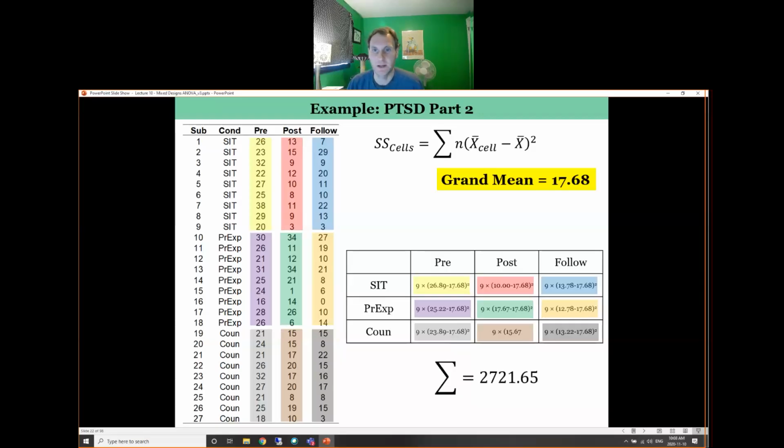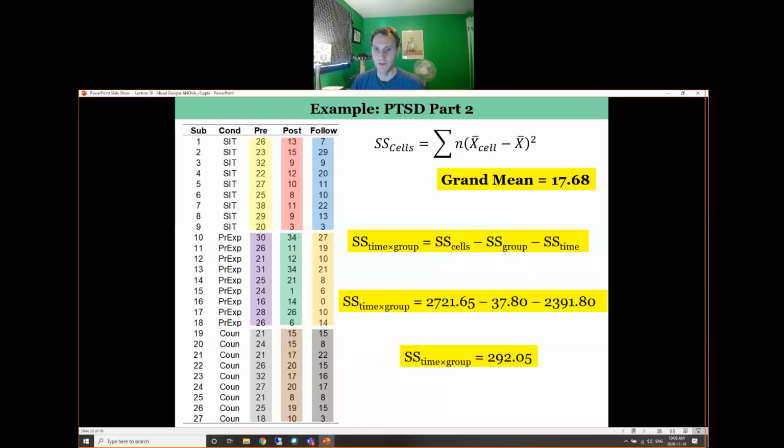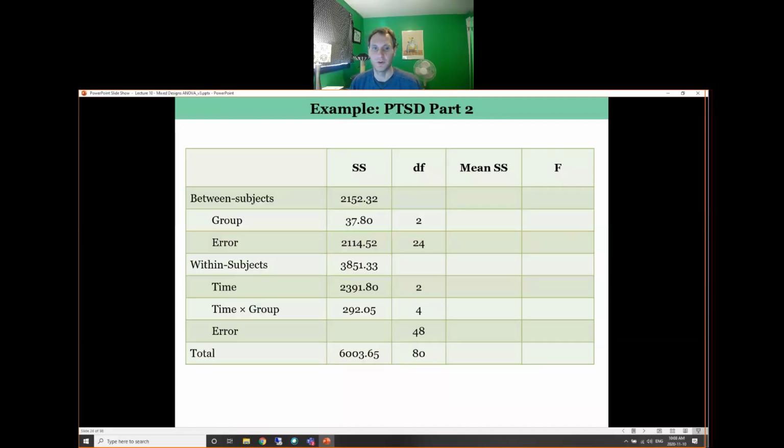So I find my sums of squares cells to be 2,721.65, but recall that I have to remove the sums of squares from my main effects. Here I have a main effect of group and a main effect of time. So my sums of squares interaction term is sums of squares cells minus sums of squares group minus sums of squares time, which comes out to 292.05.